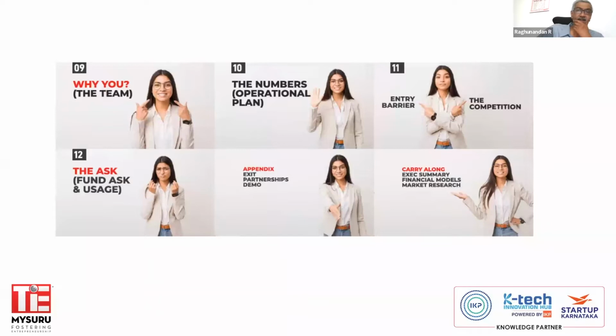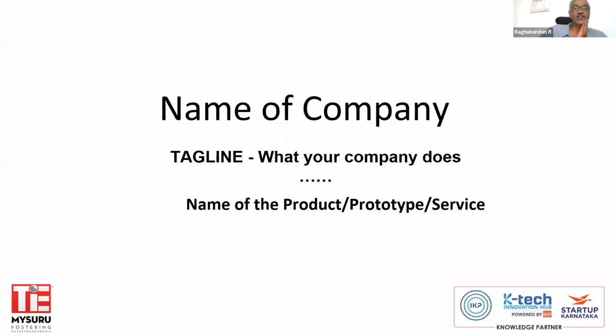Now let's look at it. Typically, an intro slide needs to have the name of your company, then the tagline, what your company does, and probably the name or the branding which you have. You need to understand that the company name can be different and your brand name can be different. The company name is typically a registration or a legal entity, whereas your brand could be anything that you conjure up.